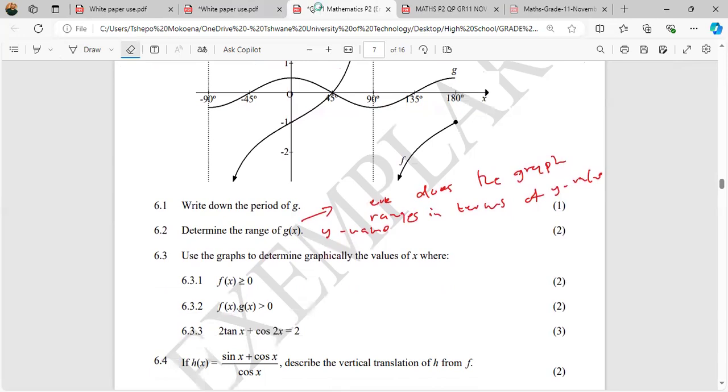We want the values of x under what condition? Look, your answer here is supposed to be x equals 2, or x is greater than this, or x is between this. We are looking for values of x. Under what conditions? Under these three conditions.